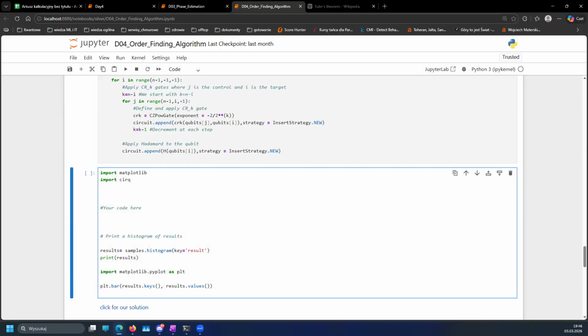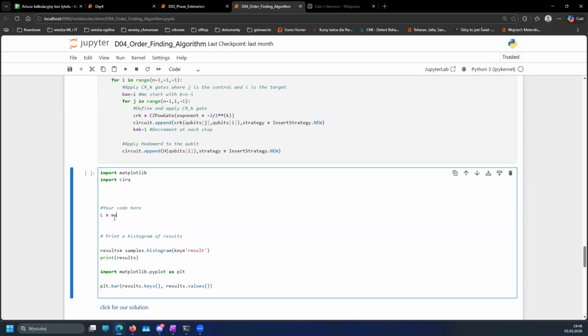So first of all, we need to find the value of, let's say, L, which will be the size of a register that will be used for accuracy, based on the theory above.